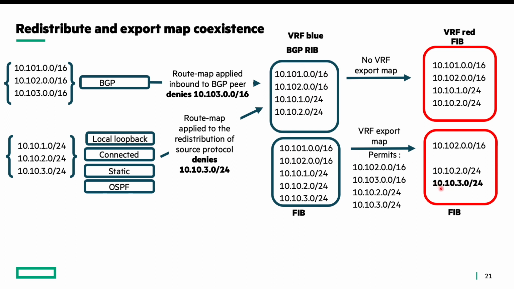What is important here, and maybe not obvious the first time, is that 10.10.3, which is not part of the BGP table because we deny this prefix in the redistribution from OSPF to BGP, is still leaked and is still part of the VRF FIB.